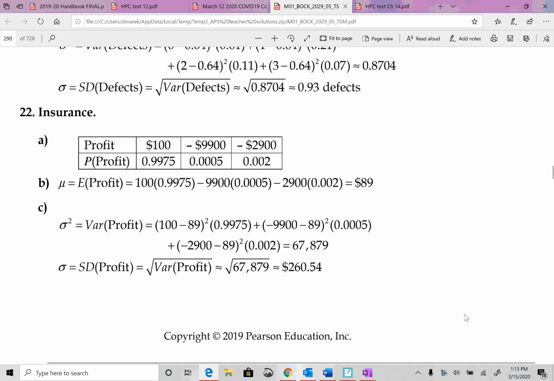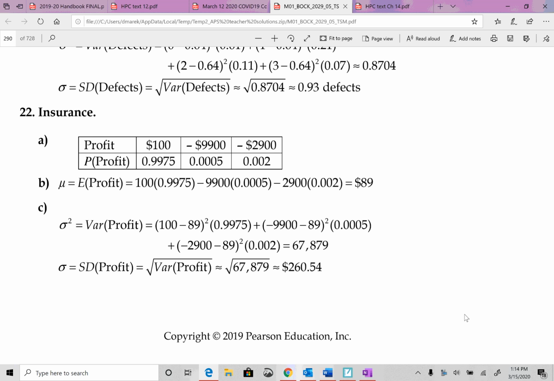For 22, for part A, the model here, the insurance company can make a profit of 100, or a loss of 9,900, or a loss of 2,900. So the expected value of profit for the insurance company is $89 per policy.